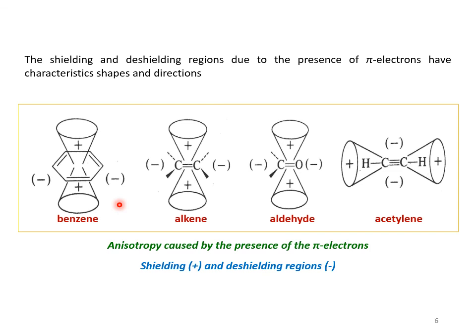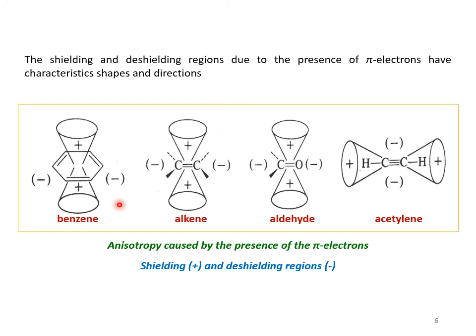These compounds, that is alkenes, alkynes, aldehyde and benzene, have pi electrons in common. In the presence of an applied magnetic field, the pi electrons will start to circulate. This circulation of pi electrons will generate a local magnetic field, which is called diamagnetic anisotropy. It is called anisotropic because in one direction the magnetic moment will be aligned to the applied magnetic field, and in the other direction this induced magnetic field will oppose the applied magnetic field.